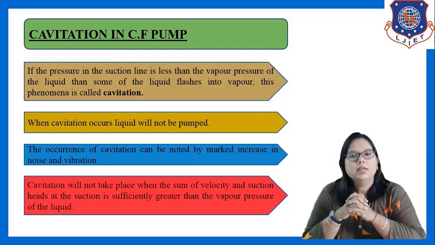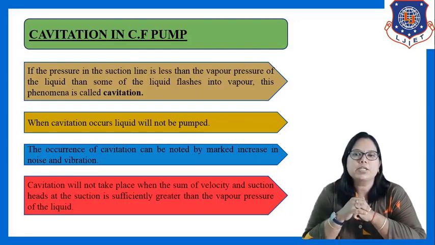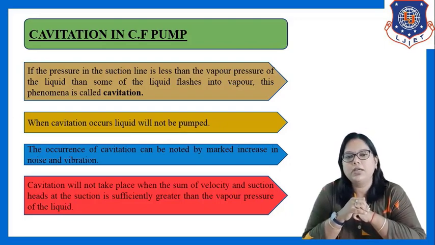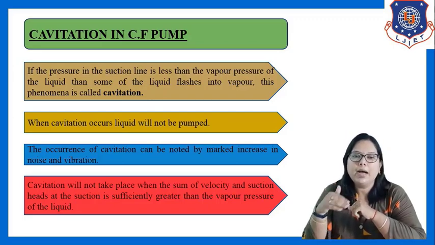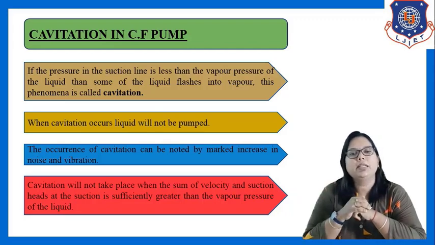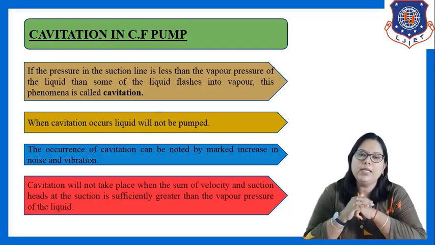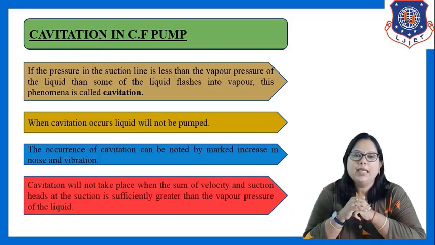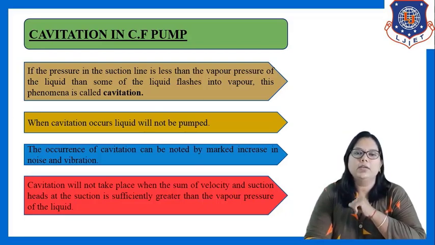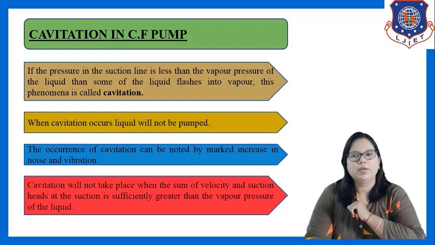Clear? So, when pressure in the suction line is less than the vapor pressure of the liquid, then some of the liquid flashes into vapor, and that condition is known as cavitation. And it can be noted by increased noise and vibration in the pump. And that can be eliminated by keeping pressure in the suction line higher than the vapor pressure of the liquid.